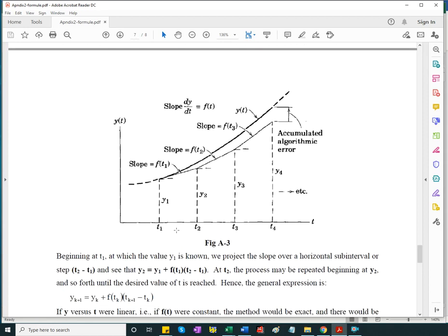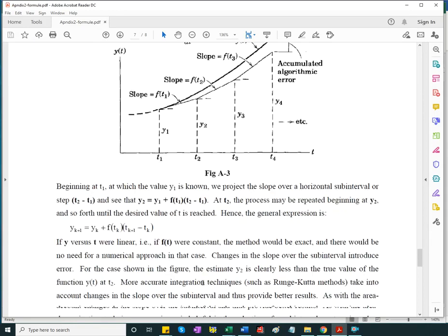But really what this Euler method is, you move along the slope a small amount from current time to the next time step, the next discrete value of time, and then you repeat it, so you move along the tangent repeatedly, and you approximate the function y of t that you're interested in.